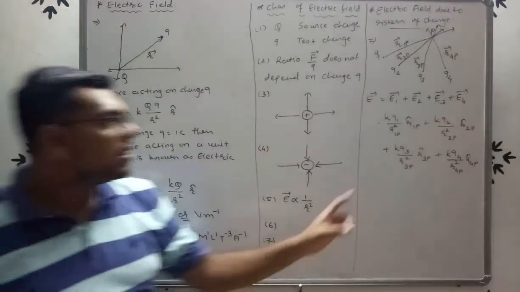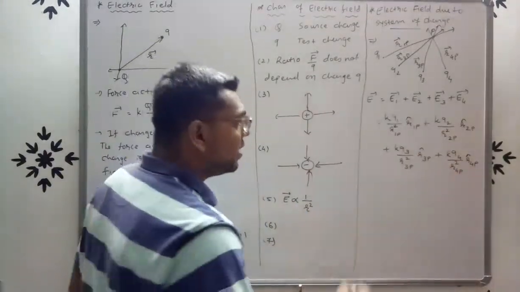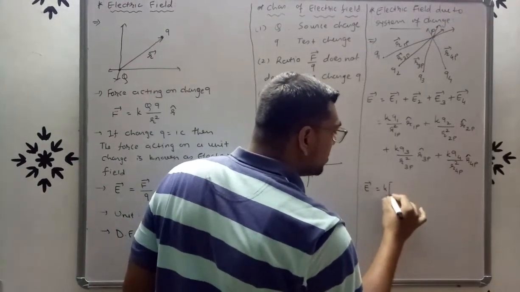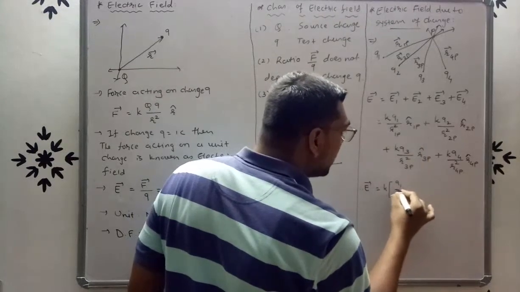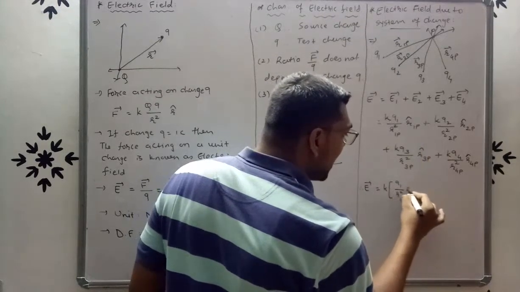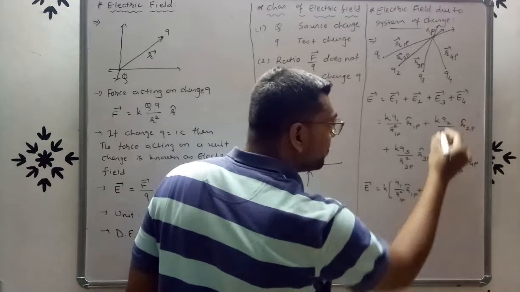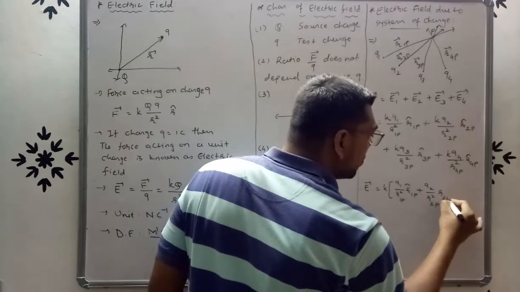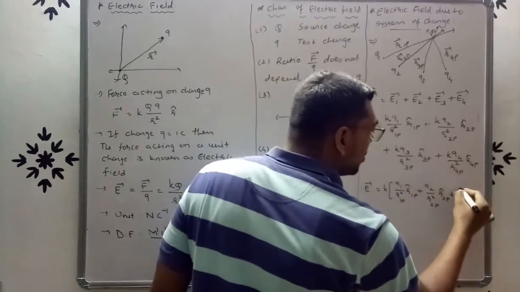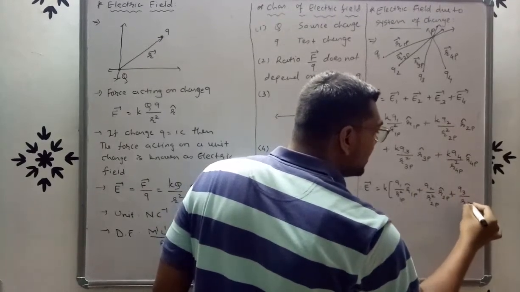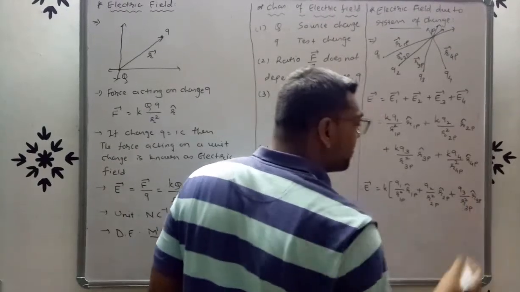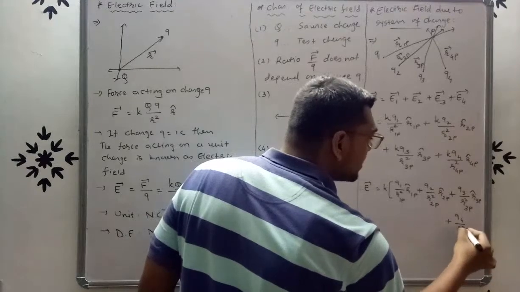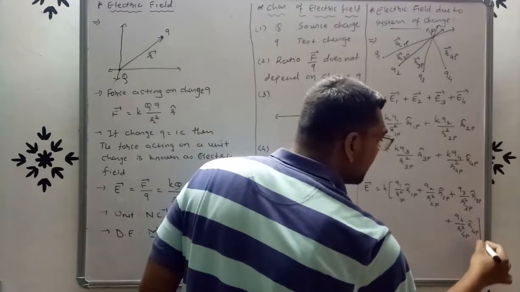Okay. Now here K is common, right? So the electric field at point P is equal to K common, and the remaining terms are Q1 upon R1P square, R1P cap, plus Q2 upon R2P square, R2P cap, plus Q3 upon R3P square, R3P cap, plus Q4 upon R4P square, R4P cap, right?